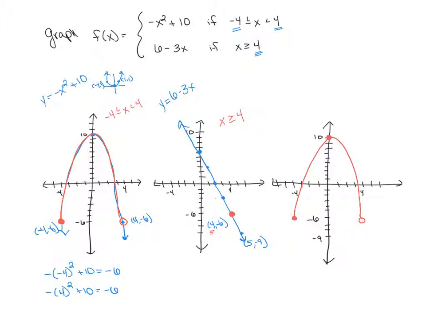So that means I want the portion of my graph that's to the right of that point. I will now take this information, transfer it over to my final graph. (4, -6) fills in this open circle from before. And then I also have the point (5, -9). This is a straight line, so when you draw it, you want to make sure you include that.